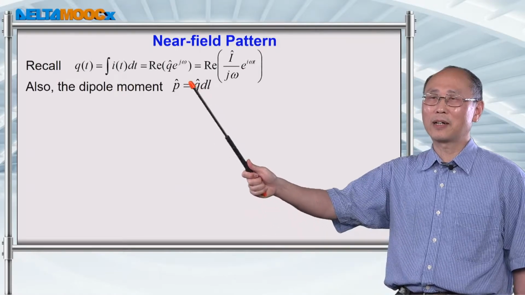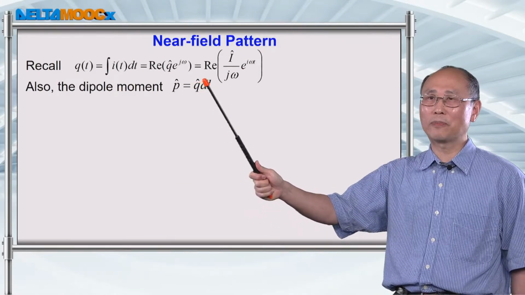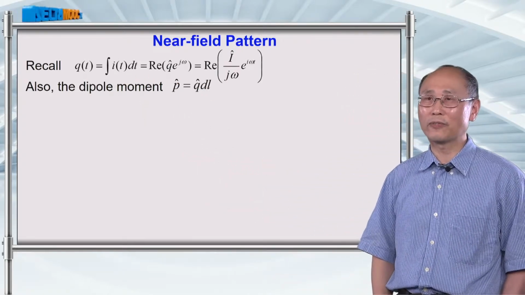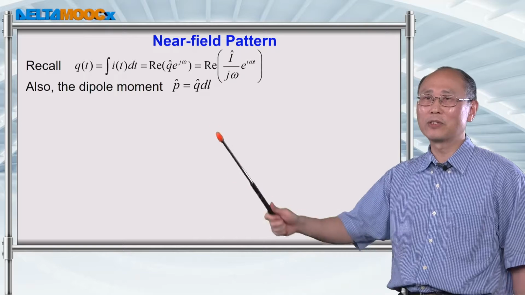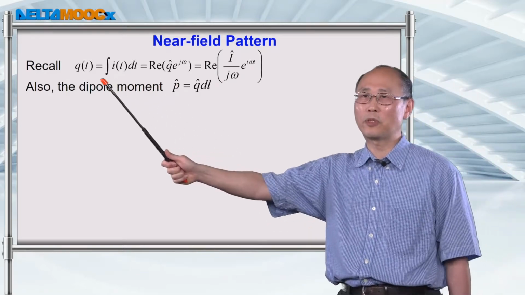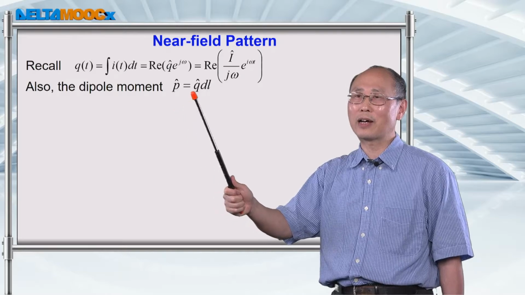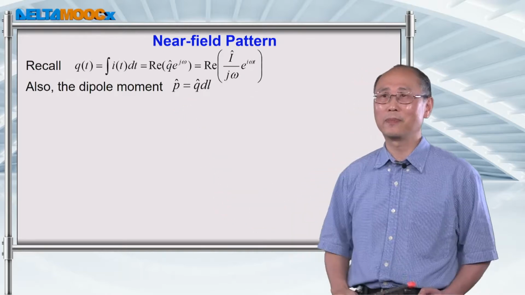So let's look into the near field patterns. This non-radiating field is very similar to the dipole field. So let's recall the relationship between charge and current, and also pull out the definition of the dipole moment.